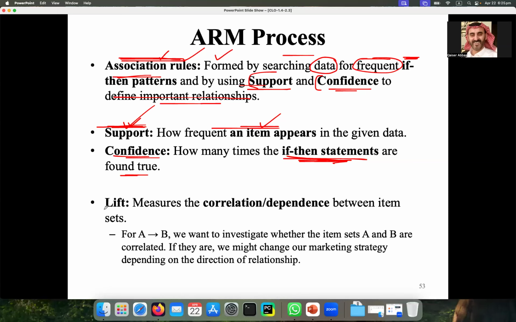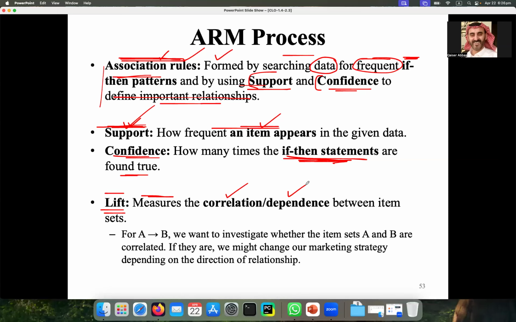There is another thing which is not mentioned here, but it is connected with association rules: lift. This is also an equation, which has the name lift. This lift will calculate the correlation or dependence between item sets or between items.